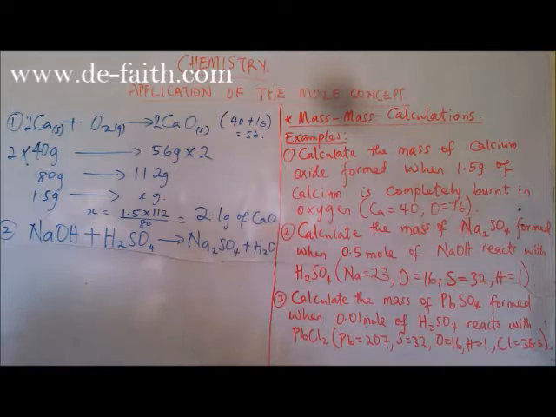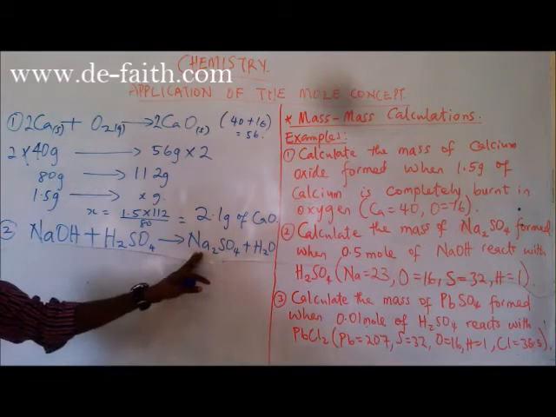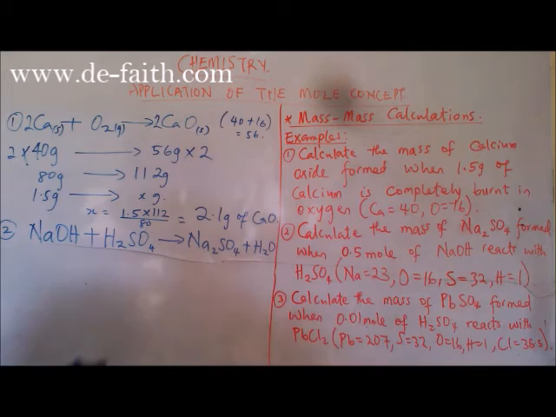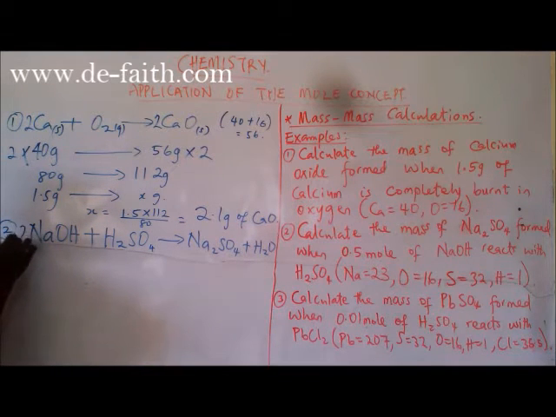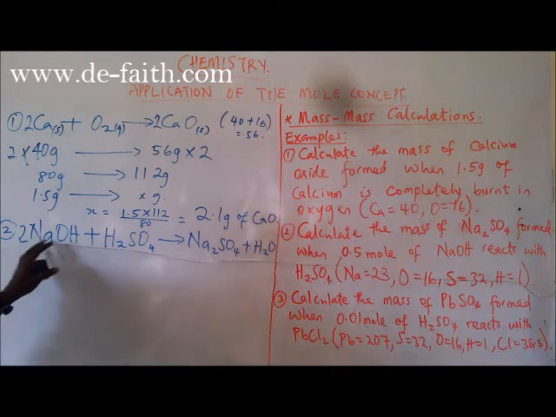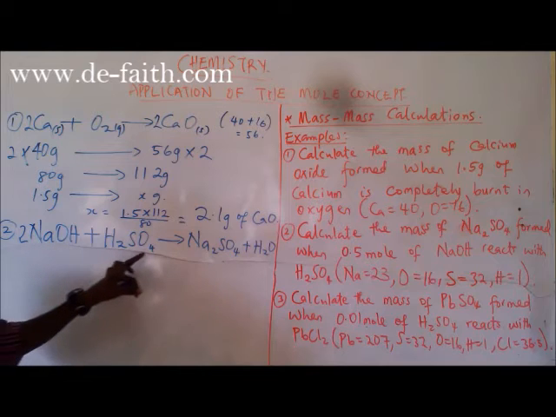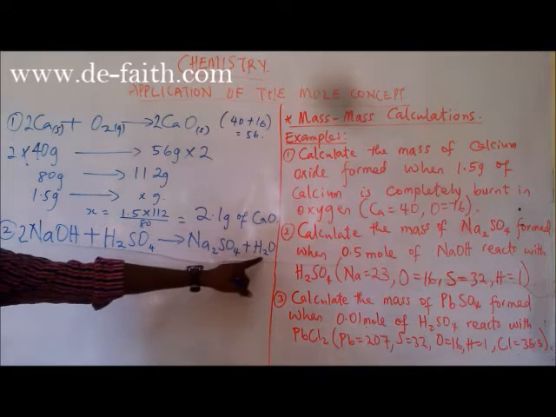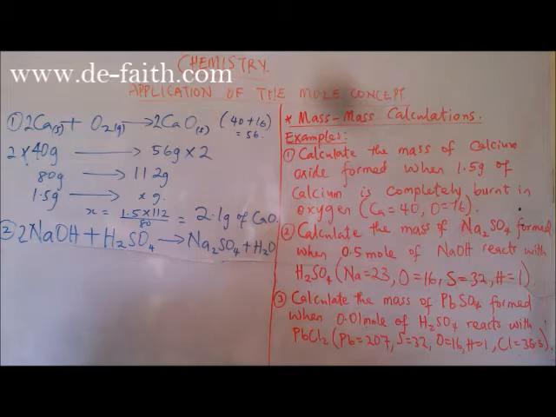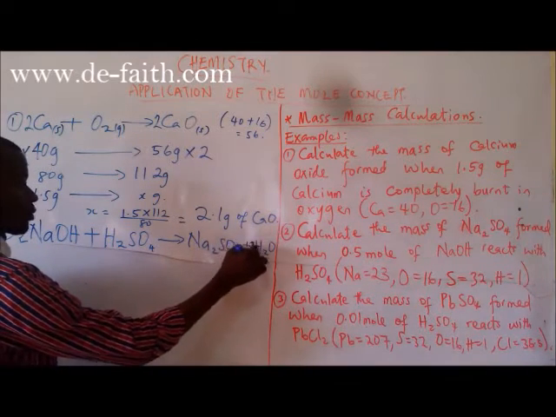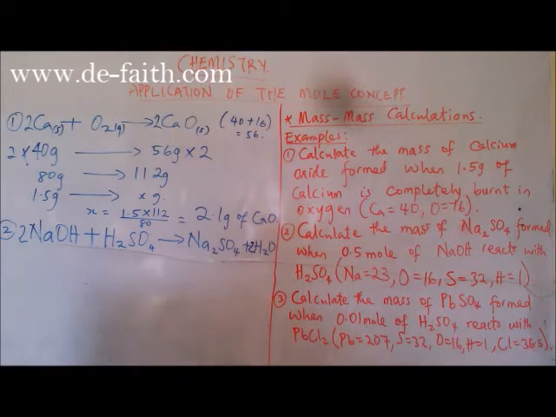We need to check if the equation is balanced. Obviously it's not balanced. We have 2 atoms of sodium here. So if we add 2 here we have 2 of oxygen, 4, that's 6. We have 2 of hydrogen here. So if we put 2 here, we find out that our equation is balanced.